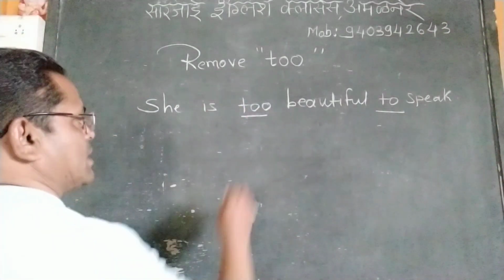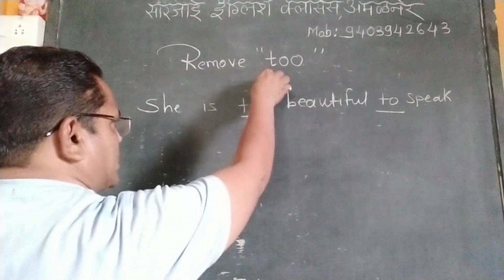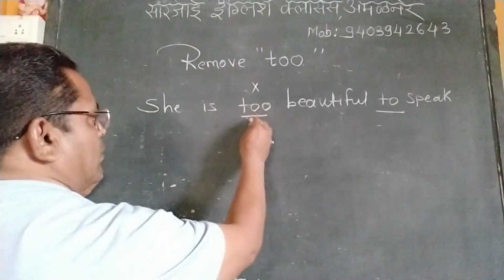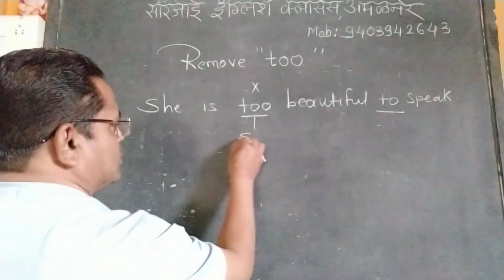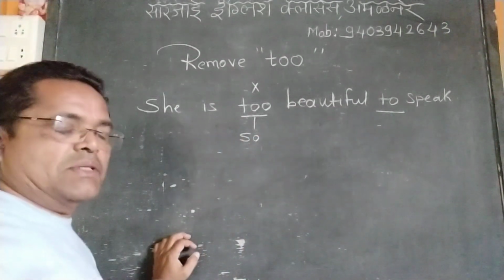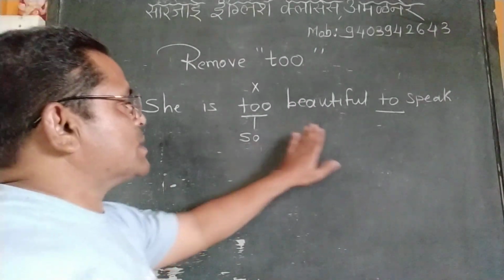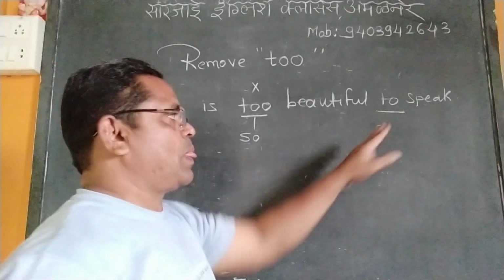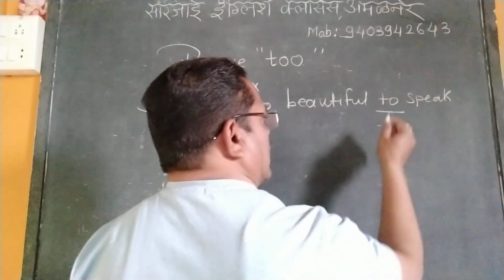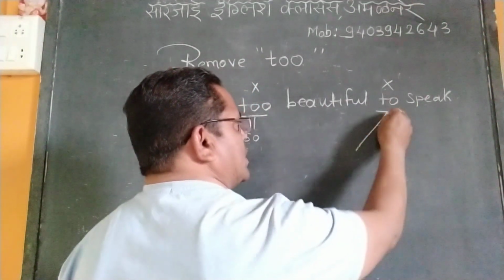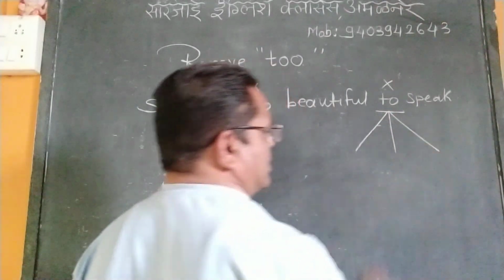See how we change. First, remove it, means इसको हम निकाल डालेंगे. Instead of "too" we use "so". Yes, we use "so". Then write the sentence till the second "to" comes. Now remove it, and instead of it we must make three types of change.